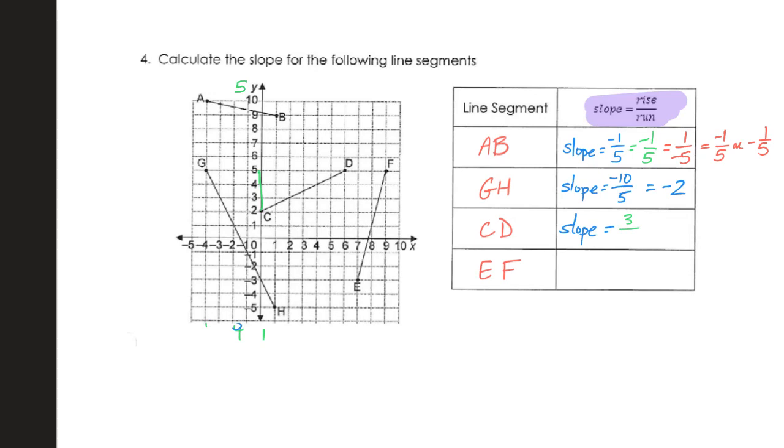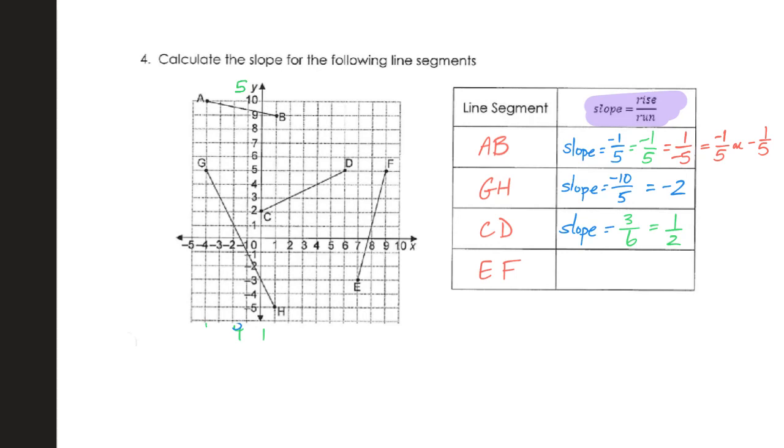And then my run is going to take me, well, from my x-axis all the way over to an x-coordinate of 6, so my run becomes 6. Well, a fraction of 3/6 I can reduce, and there's my 1/2.